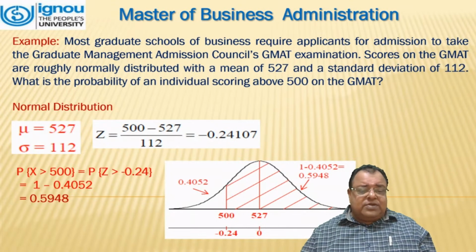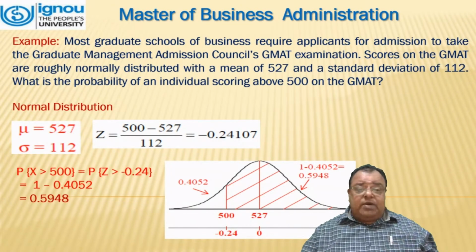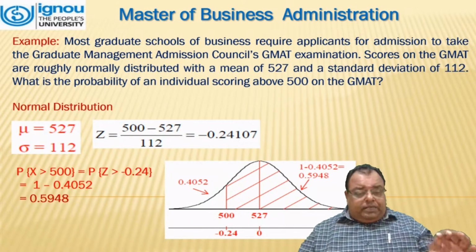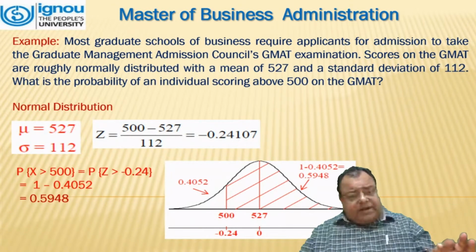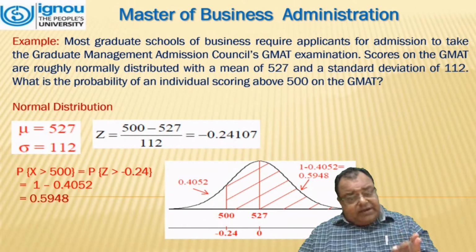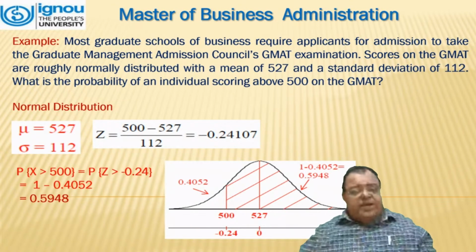Putting in the values, first of all, we will calculate the z value. Z will be z equal to (500 minus 527) upon 112, which comes out to be negative 0.24107. That means it will be on the left side. We have to calculate the probability that x is greater than 500, because the individual is scoring above 500.